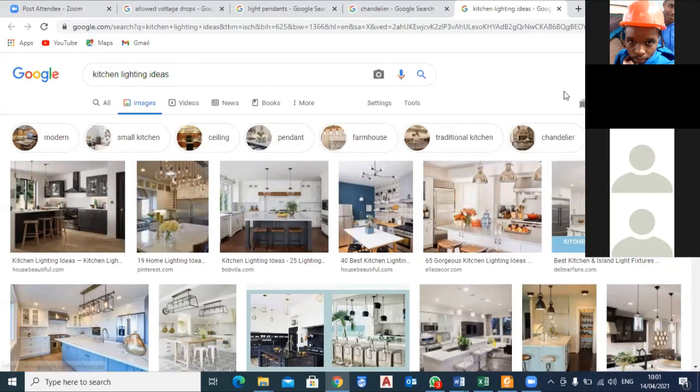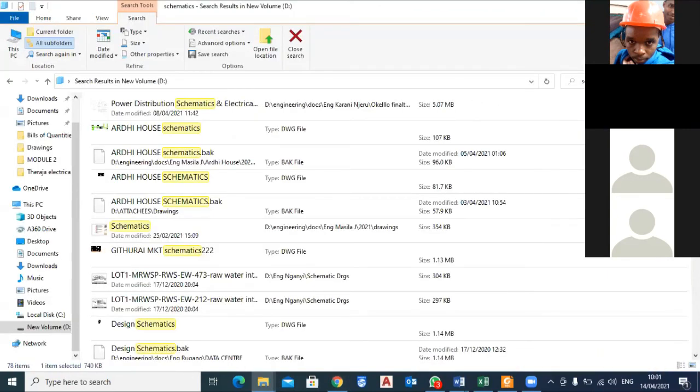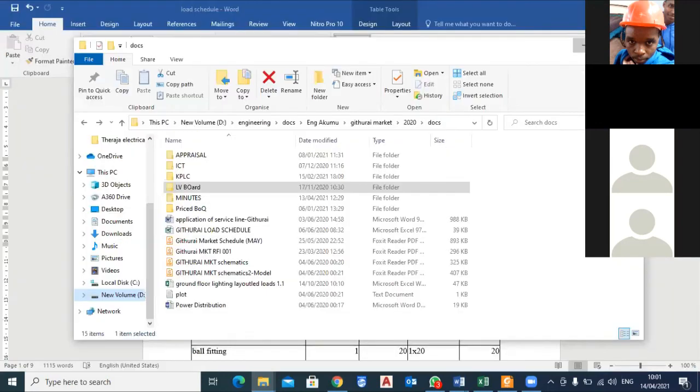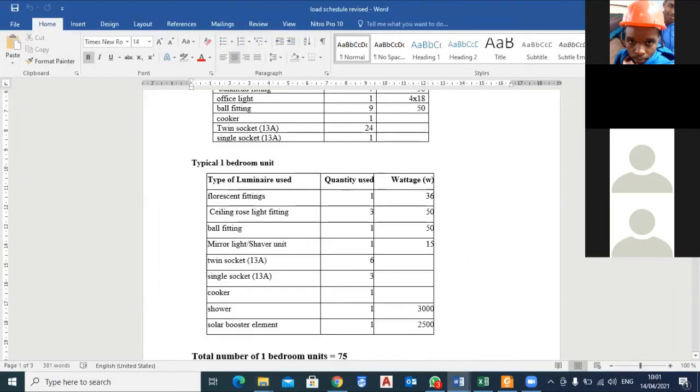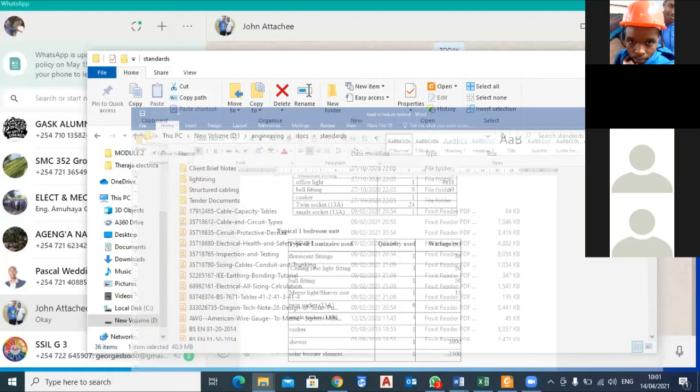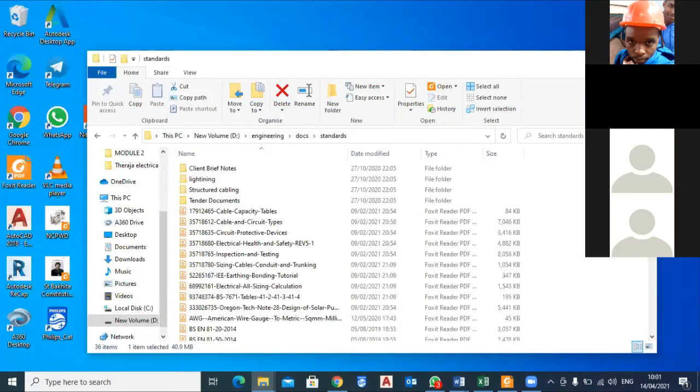Yes. Si next week utaniambia nini unataka tushare, si ndio? Unataka tuongelee. Yes, nitakwambia in the course of the week. Yes, utaniambia in the course of the week. Still let me stop sharing. Kuna watu nyumbani.